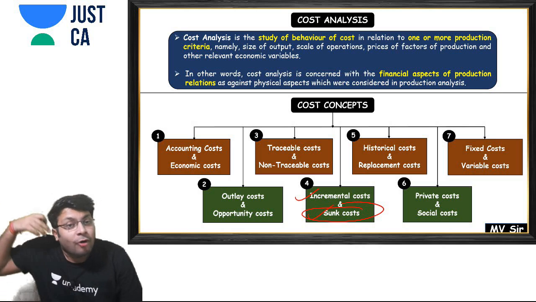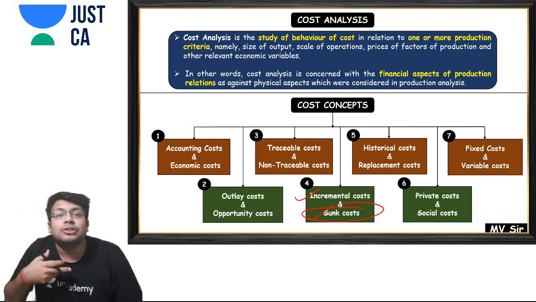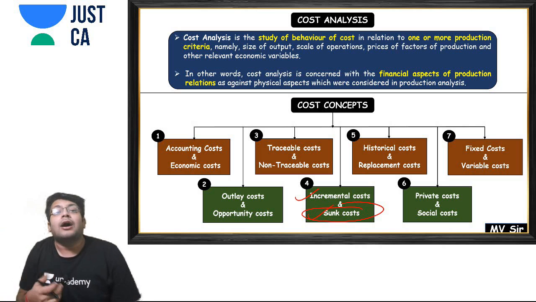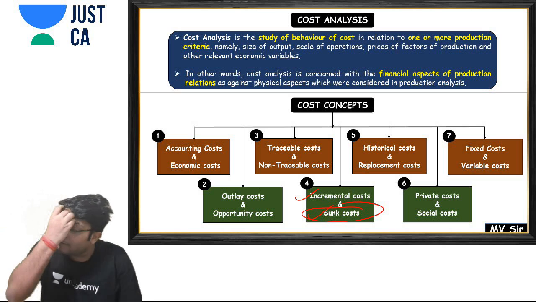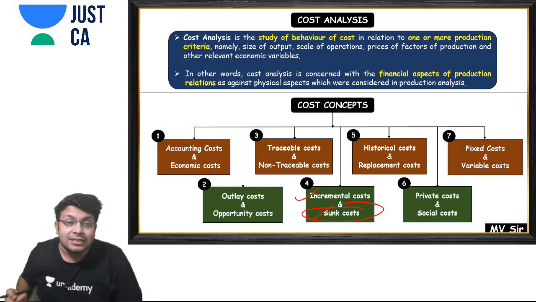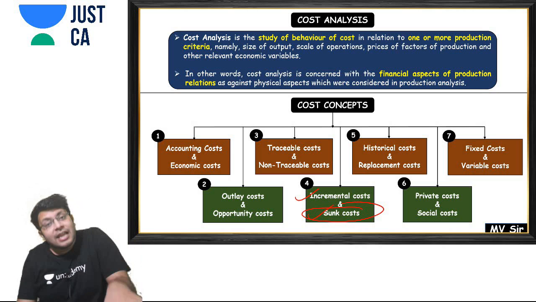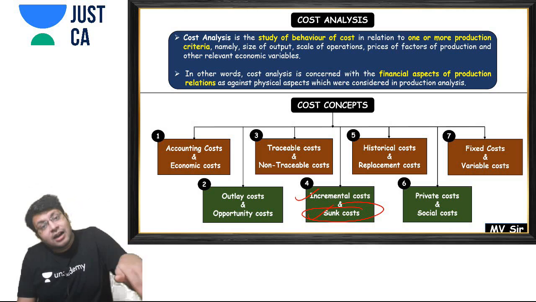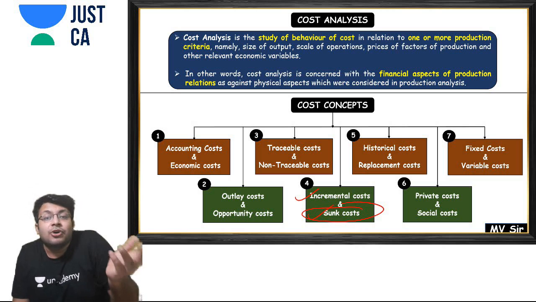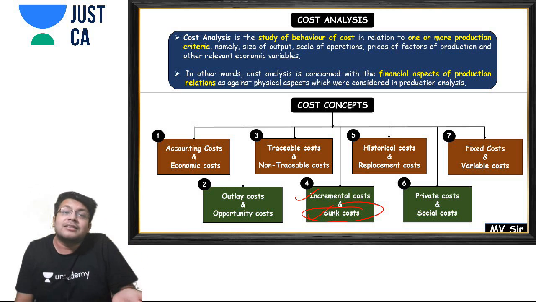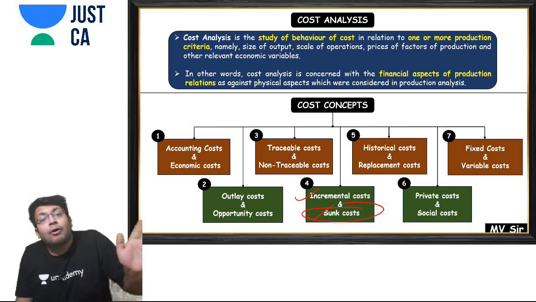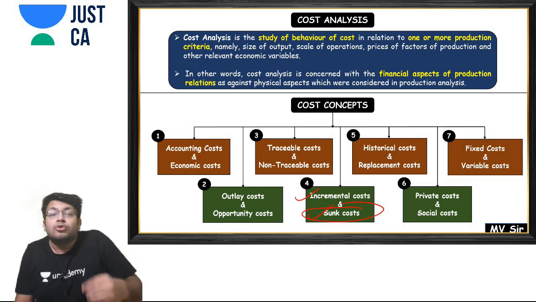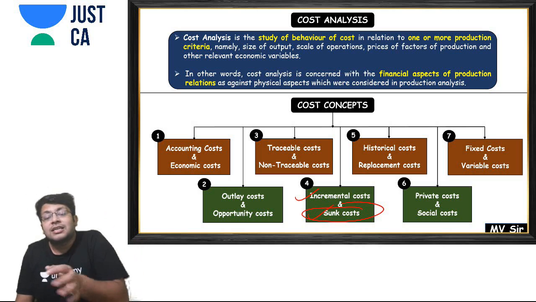So those types of costs come under sunk cost. If you take any decision or you don't, that amount is not going to come back to you. Those types of costs are called sunk costs.